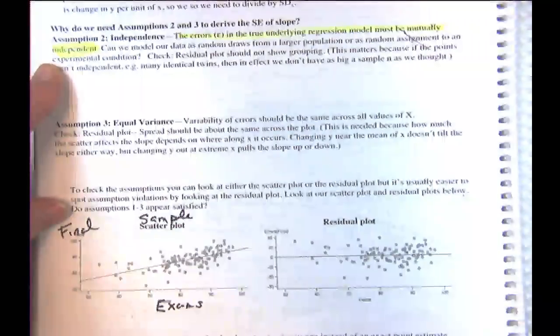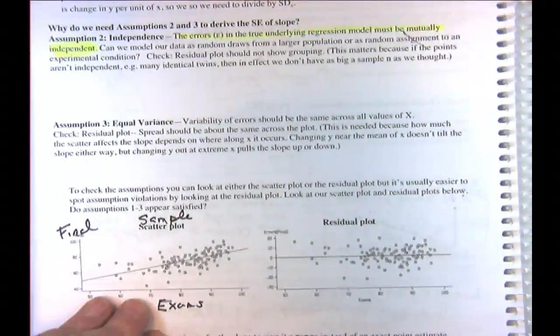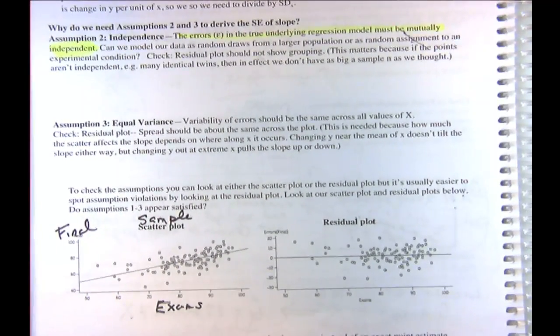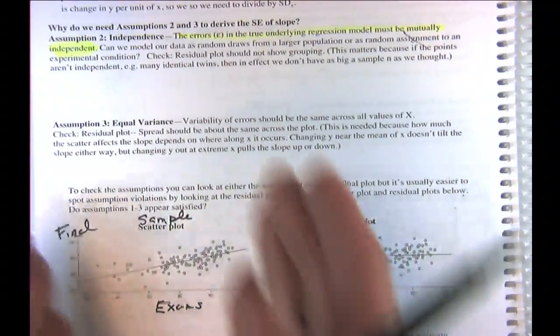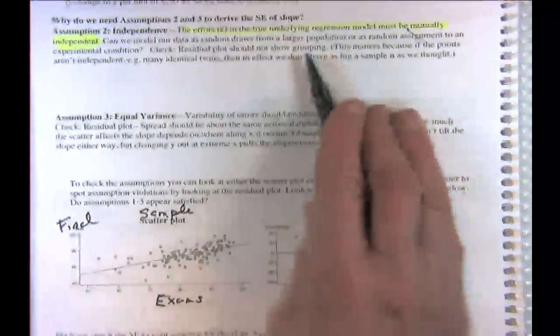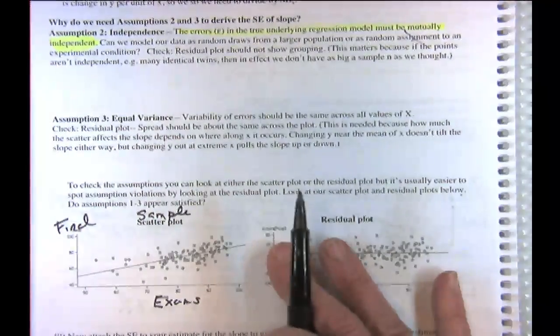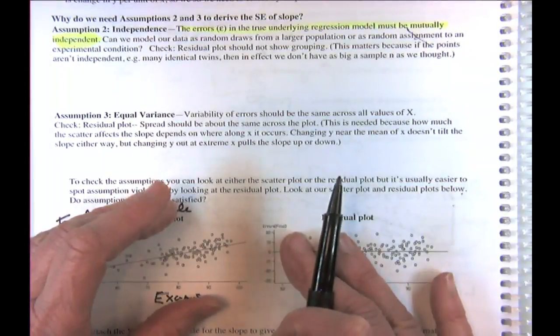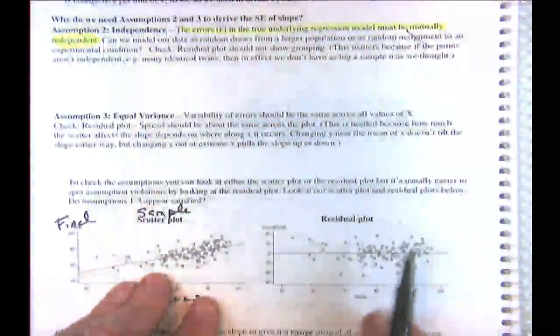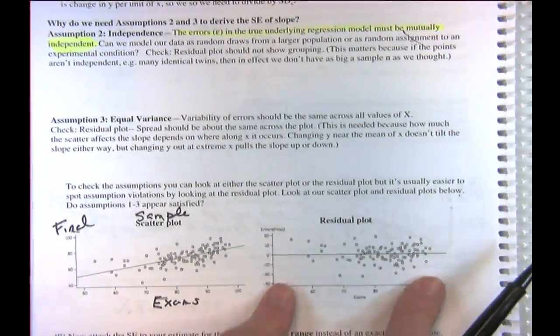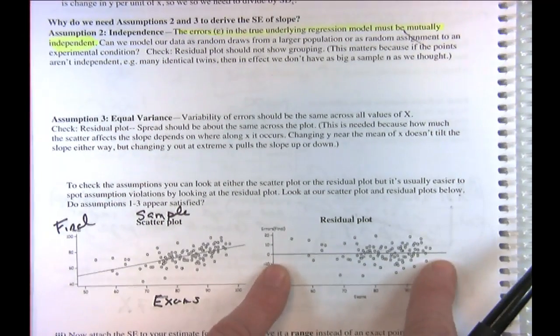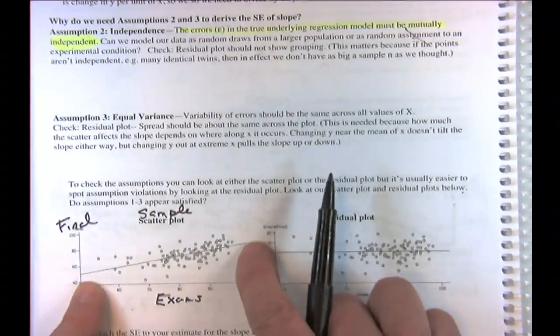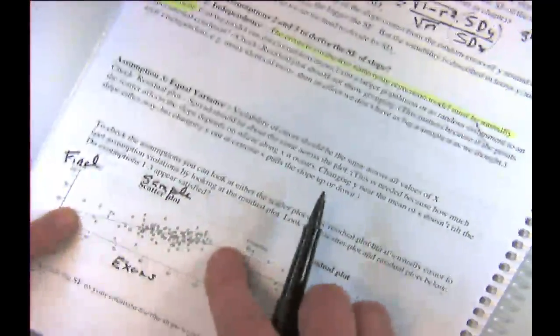We want to see whether in the population the errors are independent, but we only see a sample, right? We see the scatter plot. For linearity, it's pretty easy to just look at the sample scatter plot, but to examine these other assumptions, it's easier to look at what's called a residual plot. Super easy. It's basically just straightening this out so that we can see better, making it horizontal.